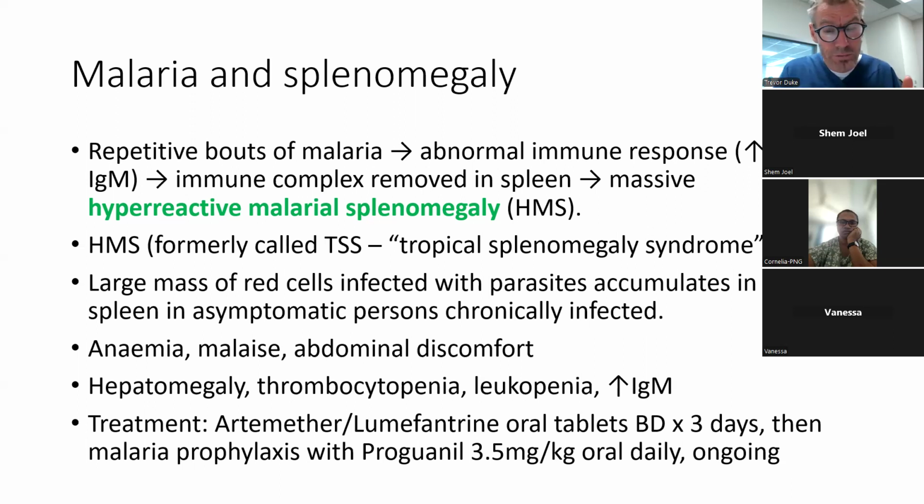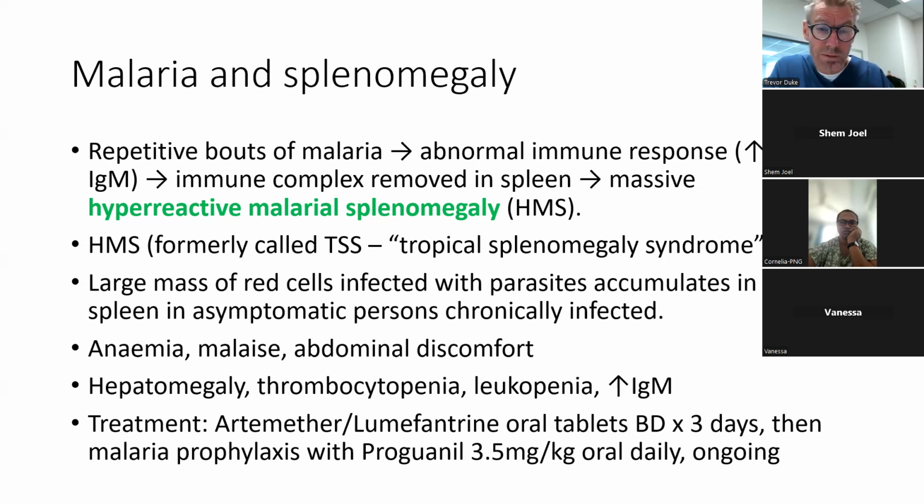So if there are parasitized red cells, then they'll get stuck in the spleen and won't be able to be removed. And they'll also need to be phagocytosed by the macrophages and the granulocytes with dendritic cells within the spleen. So you've got two reasons why a child who has chronic malaria infection has a hyperreactive spleen.